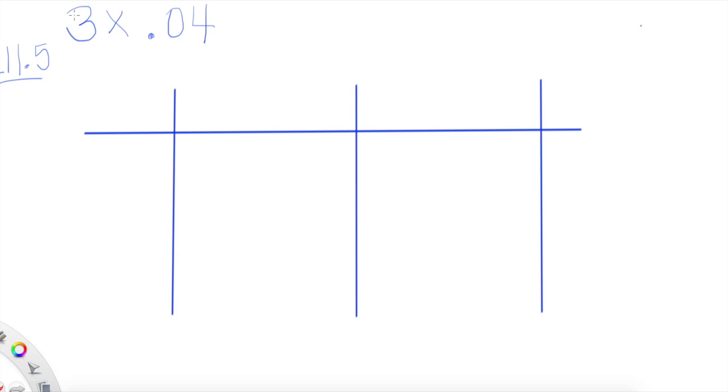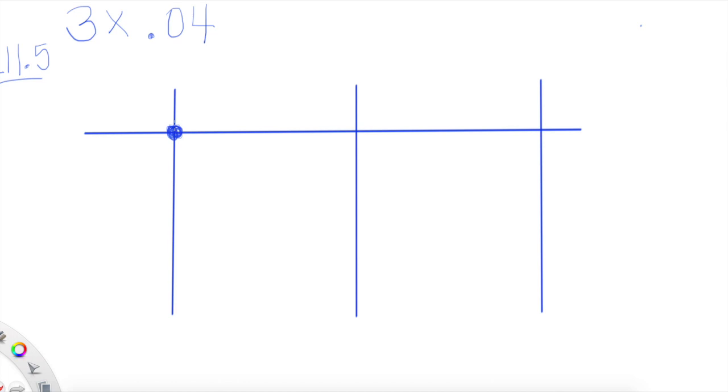I set up a problem here that reads 3 times 4/100ths, or 3 copies of 4/100ths. When we're modeling, again, we need a nice wide place value chart. You're going to set up the place value chart with columns that are much wider or fatter than we typically use, because we're going to need to model.